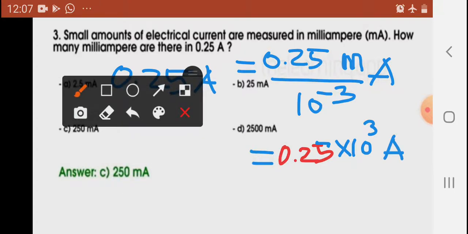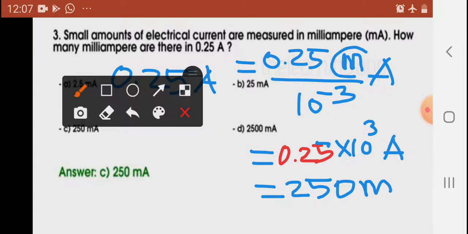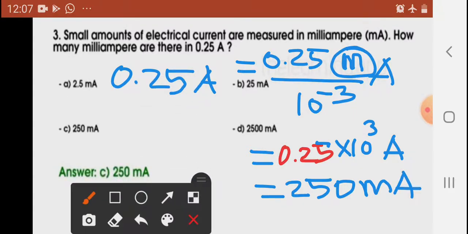So that is ampere. So 250 is already in milliampere, so the option is C, 250 milliampere. 10 power minus 3 is nothing but milli. So we multiply and divide. The answer is 250 milliampere.